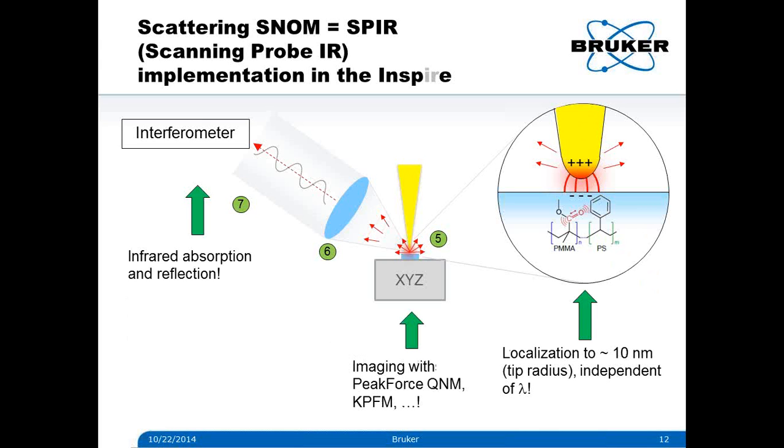So it has been shown that it works for terahertz frequency, but also near-infrared frequency, but infrared frequency already covers a broad range of interesting resonances and physics or chemistry. Now, this part is responsible for doing the imaging, and you can combine it with PeakForce, QNM, with KPFM, and lots of other exclusive techniques. And the interferometer, of course, is used to give you the infrared absorption and reflection in the end.